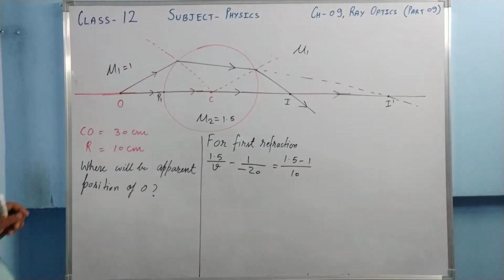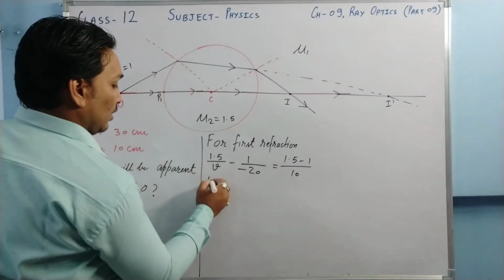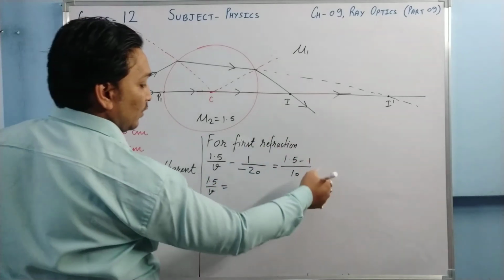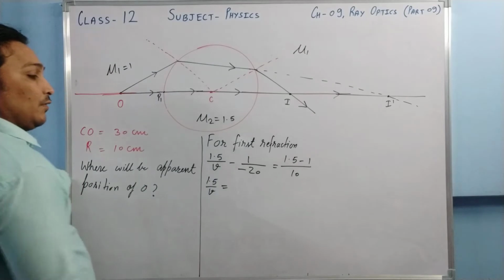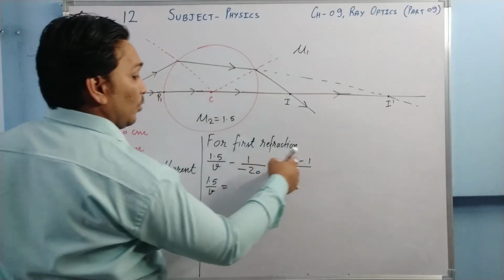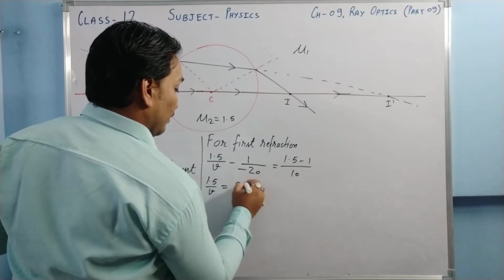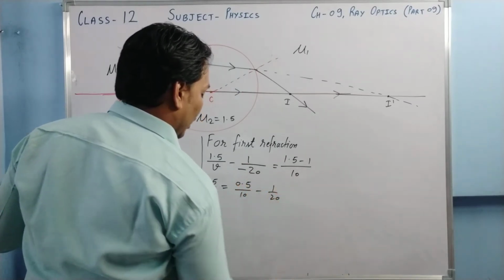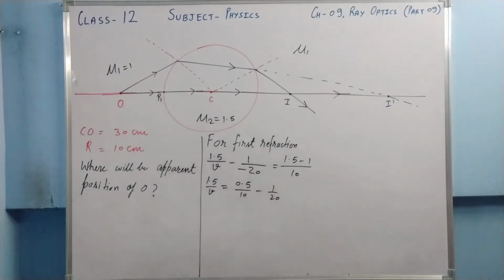Okay. Now if we solve it, we are going to have 1.5 upon V is equal to, this is transferred that side, minus and minus will become plus. If it is transferred that side, again it will become minus. 1.5 minus 1, it is 0.5 upon 10 minus 1 upon 20. Okay, 0.5 upon 10 minus 1 upon 20.